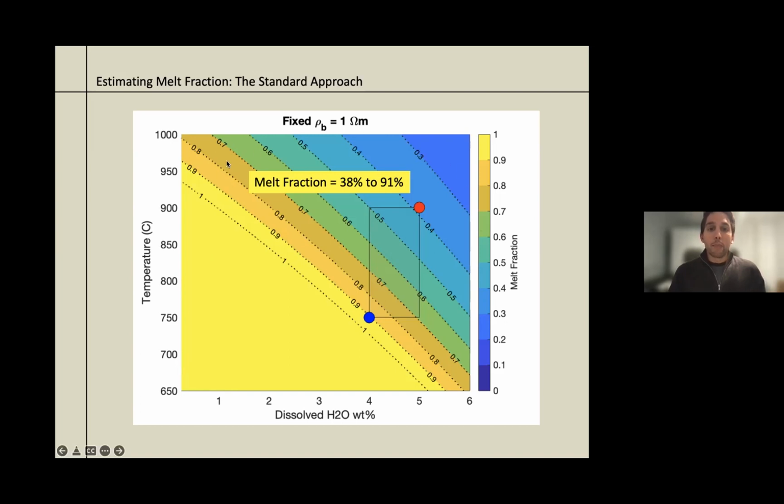So clearly, some parts of this parameter space are not actually realistic interpretations. But it's not immediately obvious which parts are realistic and which parts aren't. For example, is an interpretation of 38% melt at 900 degrees a realistic interpretation? Without modeling it, it's hard to intuitively surmise whether that is realistic or not.